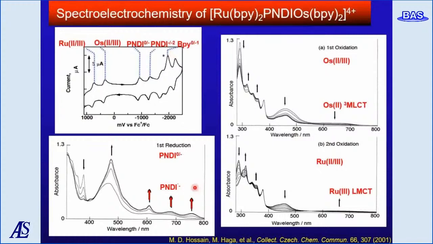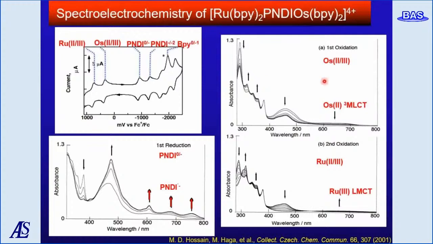In the spectroelectrochemistry associated with the first reduction of NDI, absorption specific to the NDI radical is observed in the 600 to 800 nanometer region.